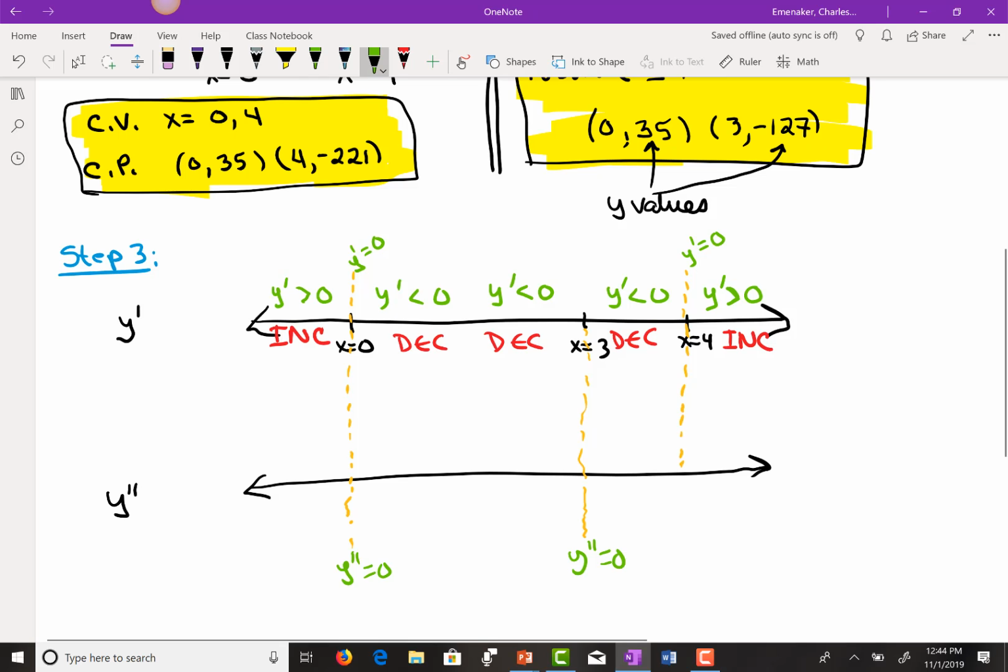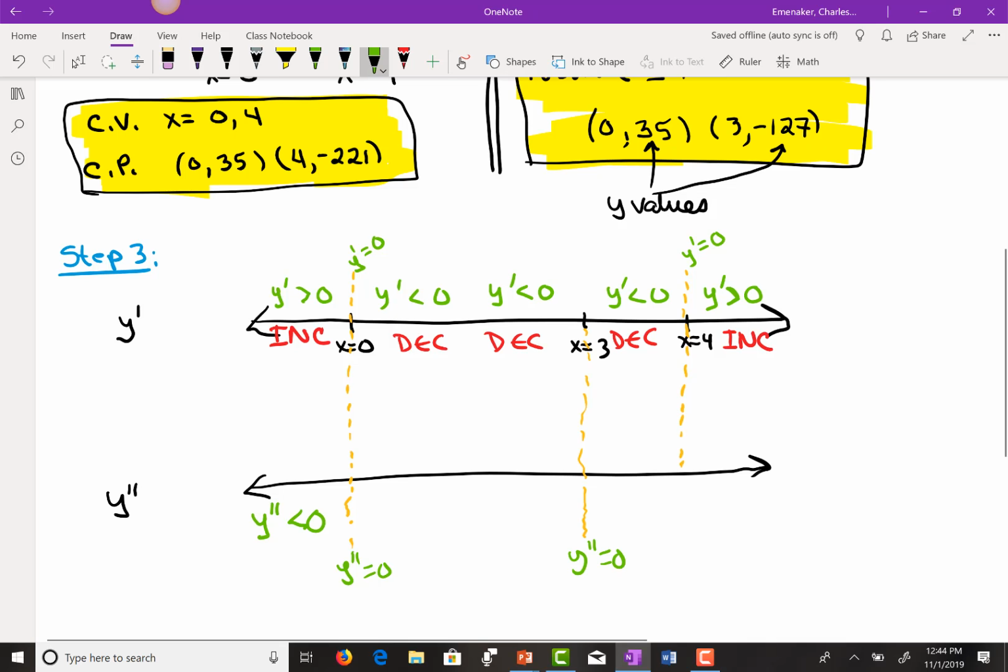I'm going to do the leftmost interval for the second derivative. With the leftmost interval, what value of x could I plug in? -1. And the good news is we've already plugged in a -1, haven't we? So if I do the second derivative here, I go back to my table, and where am I going to look for the second derivative value? y3. It says -80, so that's less than 0.